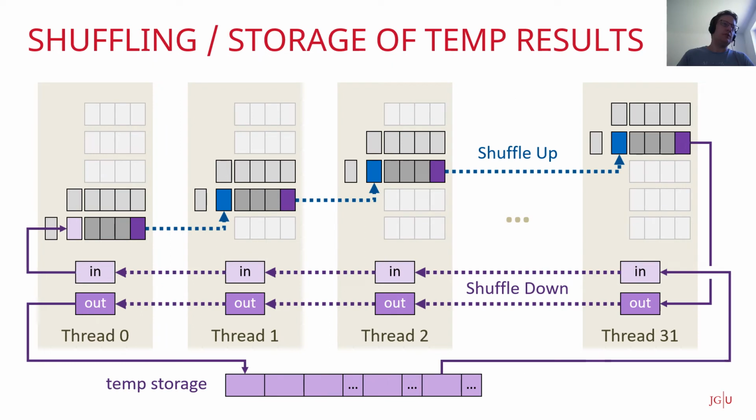As we've seen, the rightmost value in each thread is communicated via shuffle up to the next thread.